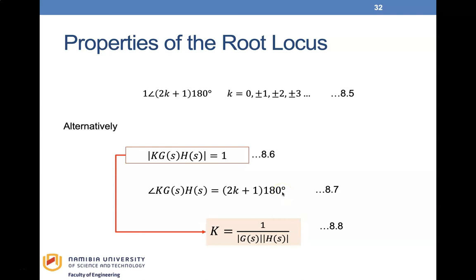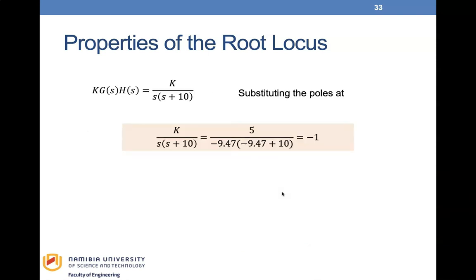What we have just discovered is that a pole of the closed loop system causes the angle of KG(s)H(s) to be an odd multiple of 180 degrees. Also, the magnitude of the open loop transfer function must be 1, implying that the value of K is the reciprocal of the magnitude of the open loop transfer function when the pole value is substituted for s.